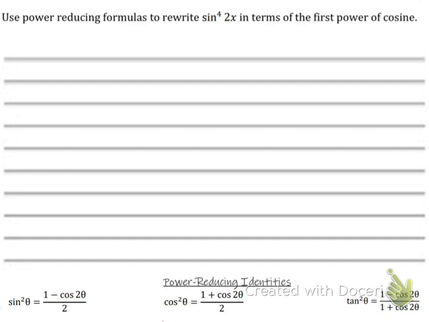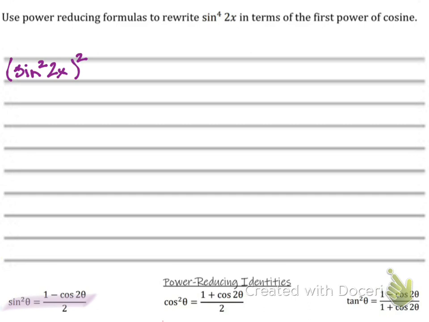So I'm using the sine squared one, right? Because I know that sine to the fourth of 2x can also be written as sine squared 2x, squared. Does everybody agree with that? I could also write it sine squared 2x times sine squared 2x. Doesn't matter. Okay?